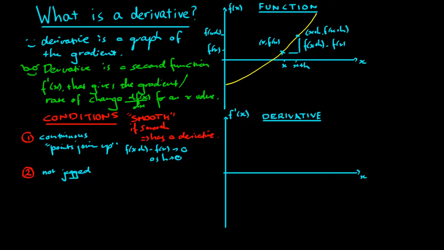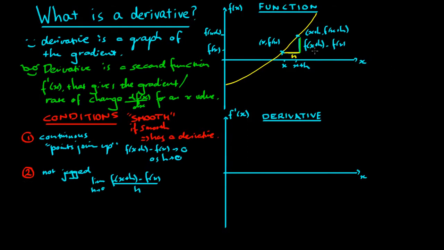Now the second condition has a definition, not jagged. That's a little more tricky. I suggest going to watch the video on derivatives first principles, but it's basically saying fx plus h, take fx, instead of using this tends to sign, I'll say the formal limit. The limit as h becomes very small of fx plus h, take away fx on h. So that's saying, cast your mind back to the triangle over here. This length here of the triangle is h, and this height here is fx plus h.